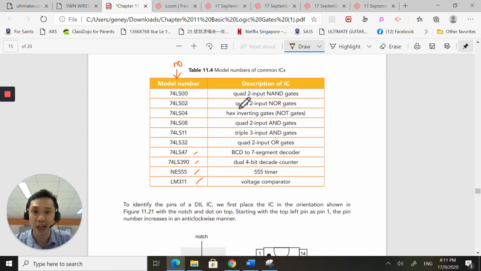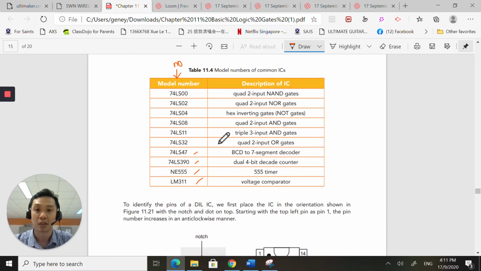So these are quad, which means there are four gates inside a two input IC chip. Okay, quad means four. Triple means there are three gates inside a three input AND gate. So there are different types of AND gates, different types of inputs, depending on what you need.